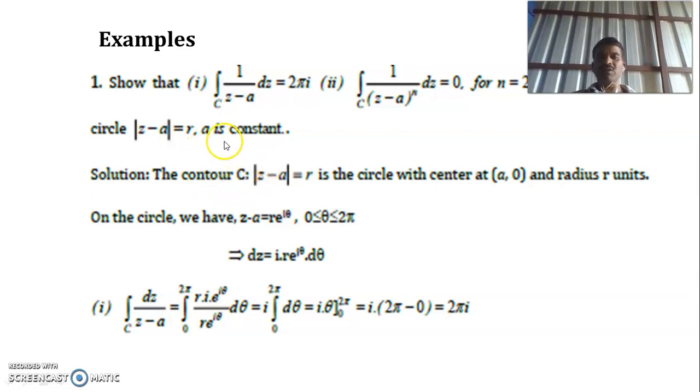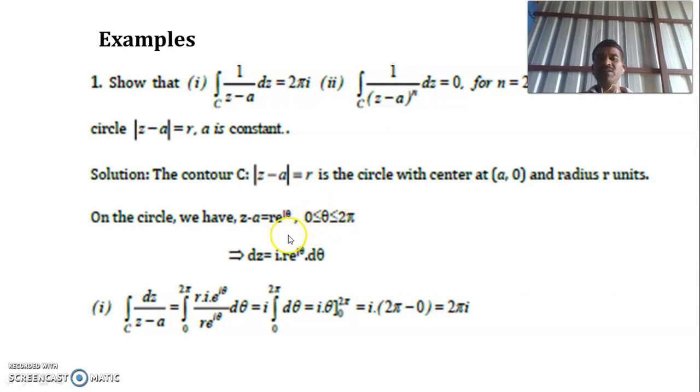The contour C, modulus of z minus a equal to r, represents a circle centered at a with radius r units. On the circle, as we know, the equation is z minus a equal to r e to the power of i theta, and the domain of theta is 0 to 2 pi.